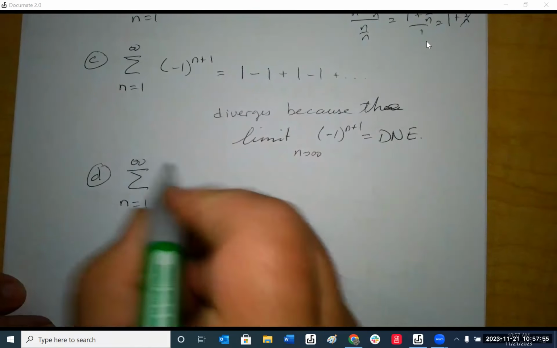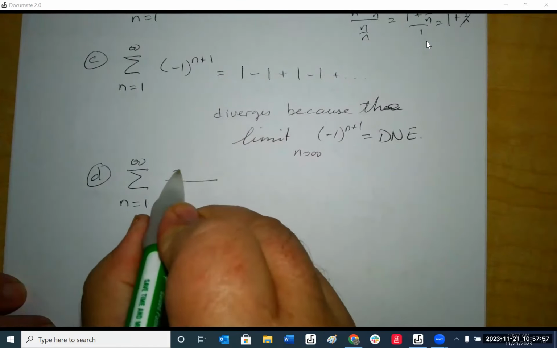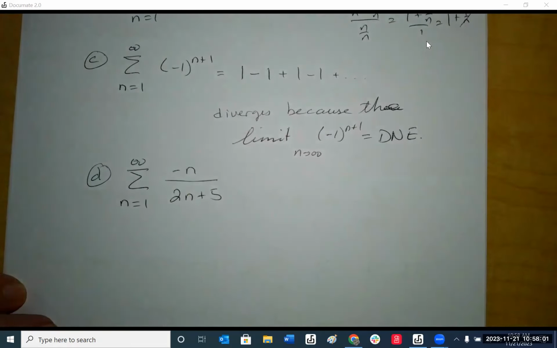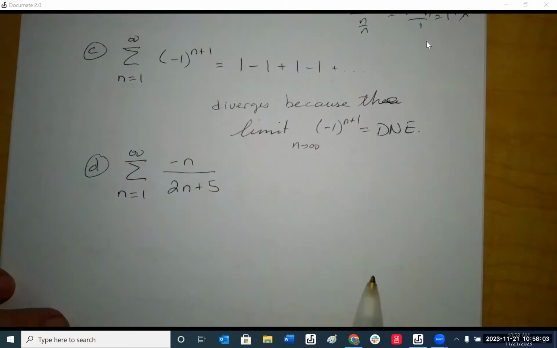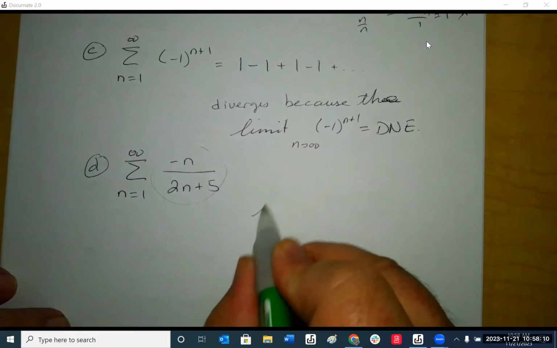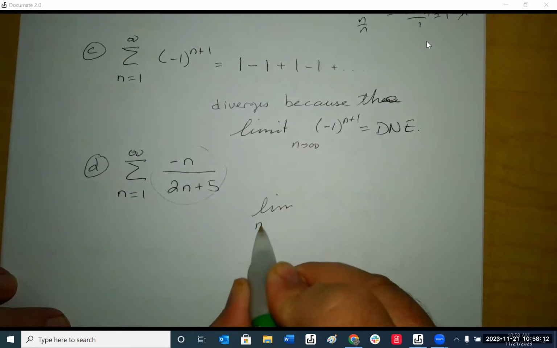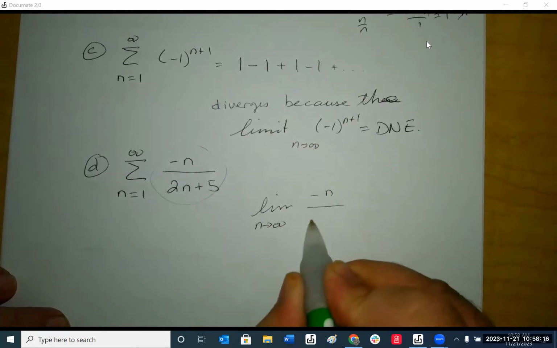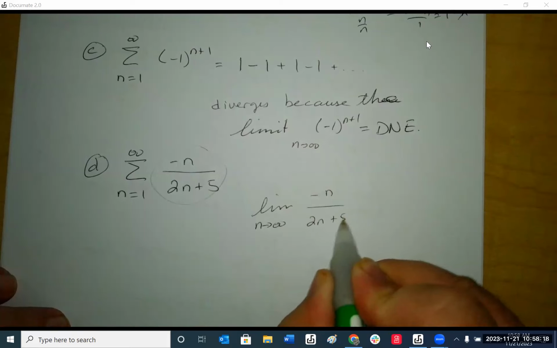The summation as n equals 1 to infinity of negative n over 2n plus 5. So let's see what happens. This is a sub n, so we take the limit as n goes to infinity of negative n over 2n plus 5.